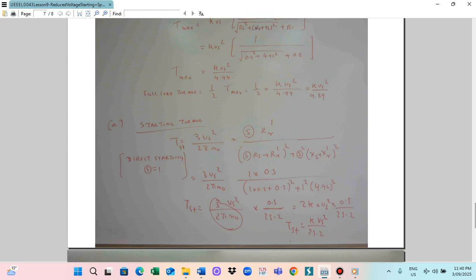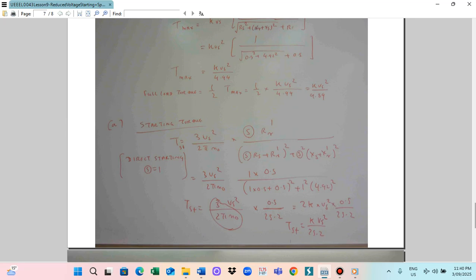Okay, so now you see the K value. We substitute K is 3 divided by 4 pi n0. So now 3 divided by 2 pi n0 is 2K.